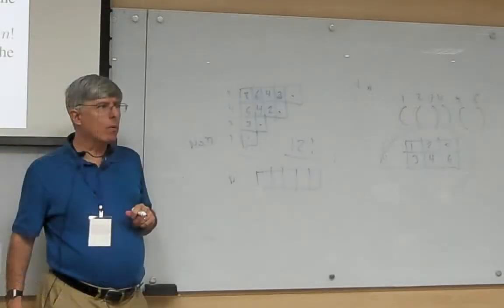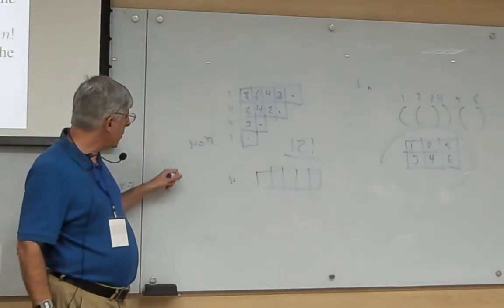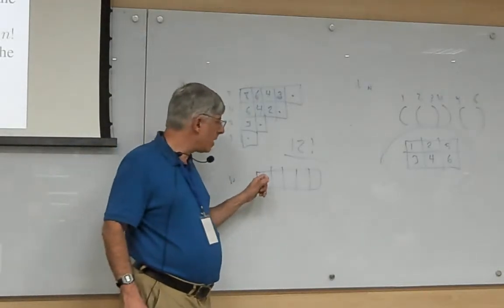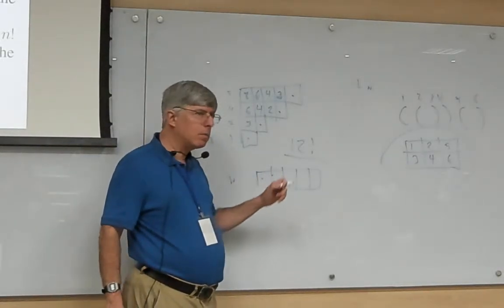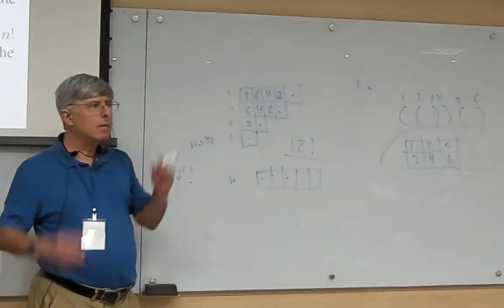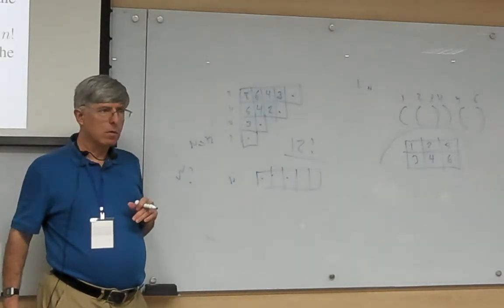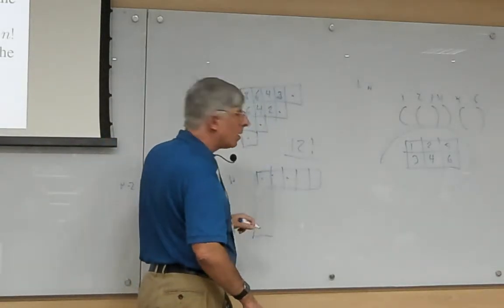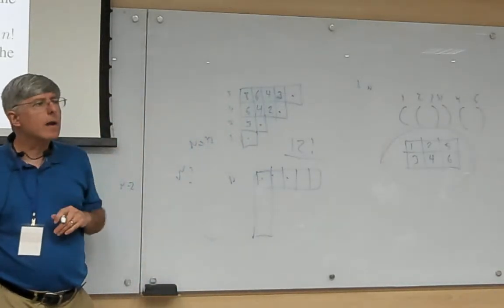What is that going to be? That's n factorial divided by n by n minus 1 by n minus 2, dot, dot, dot. How many are there? 1. That works. What if I make it like this? Same thing. It's going to work the same way, right?